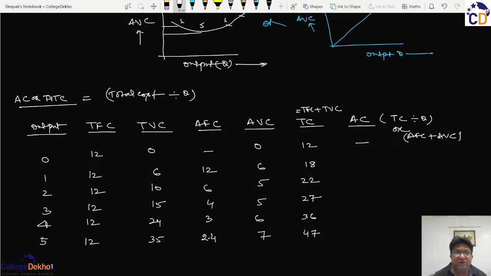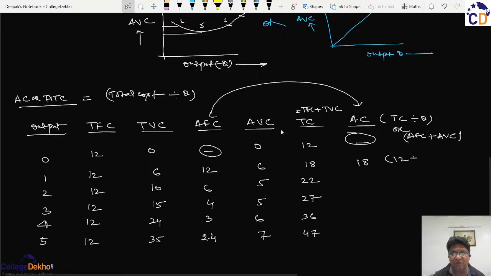So if you see here, this figure and this figure coincide. Here it is coming out to be 18, which is equal to 12 plus 6. It is coming out to be 11.